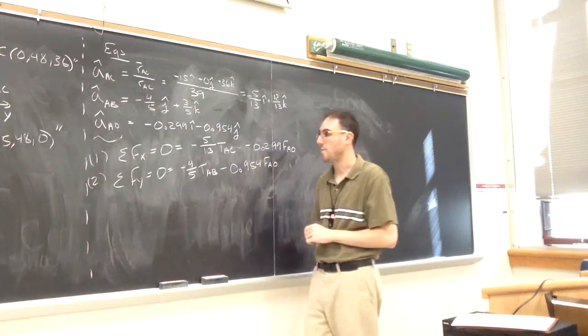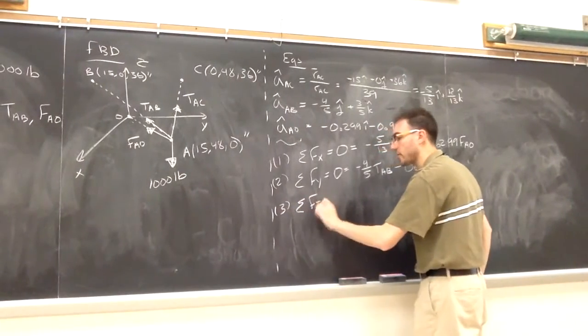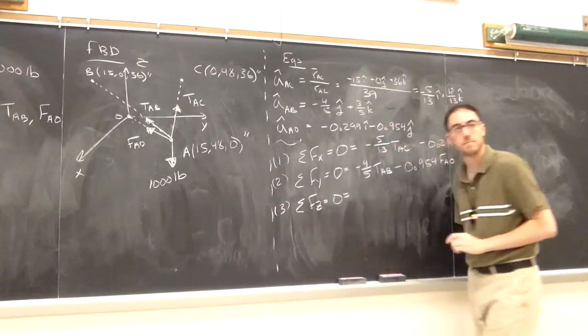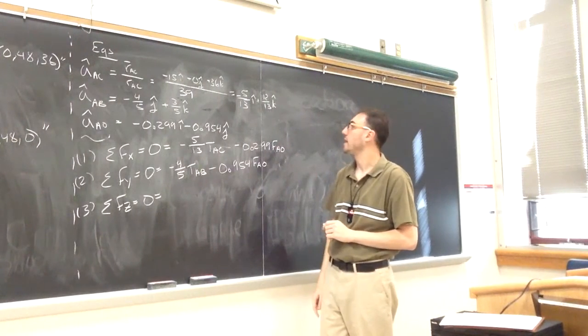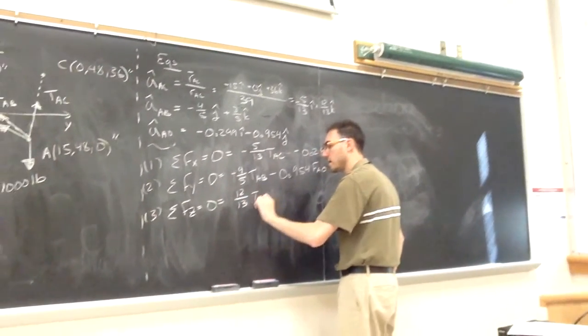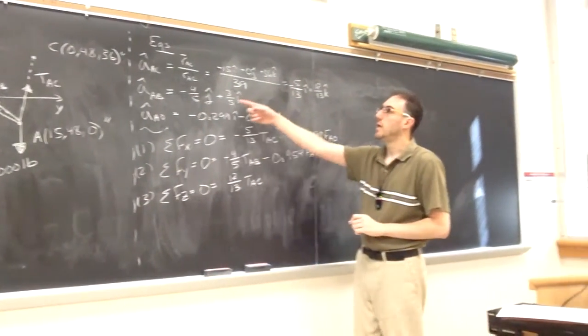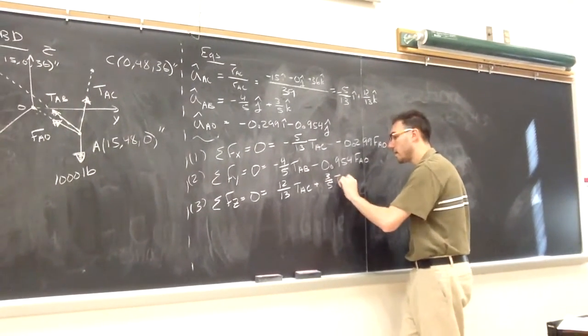So I will go on and write my now third equation, because I can sum forces in the z direction in three dimensions. TAC has a component 12/13 times TAC. AB will be 3/5 times TAB.